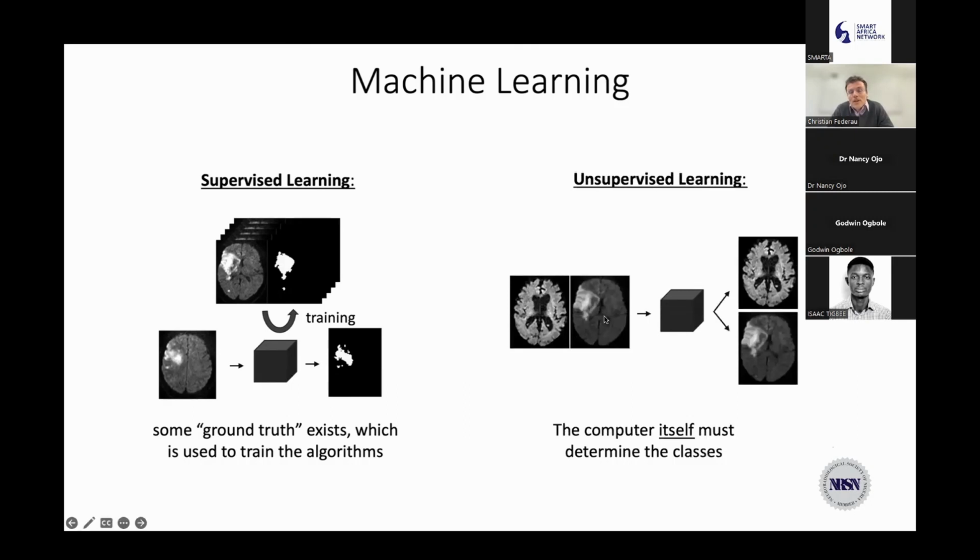And unsupervised learning, where you're not going to give the source of truth. You let the computer try to find the difference. So if you give a large data set of cases with a stroke and without stroke, you build a network so that the computer understands by itself that there's a difference and tries to separate these two classes.